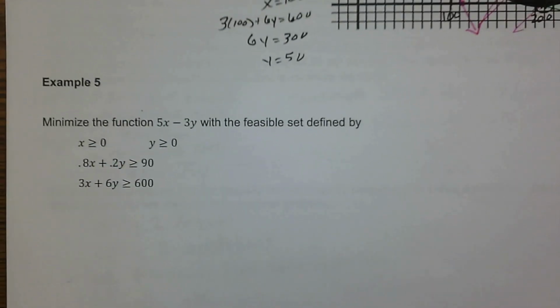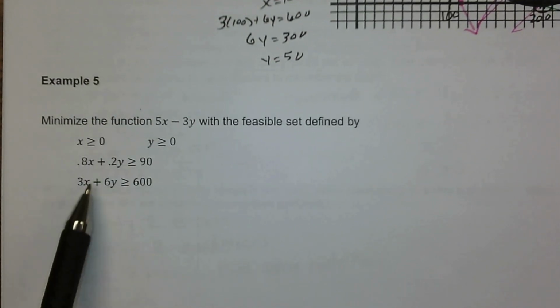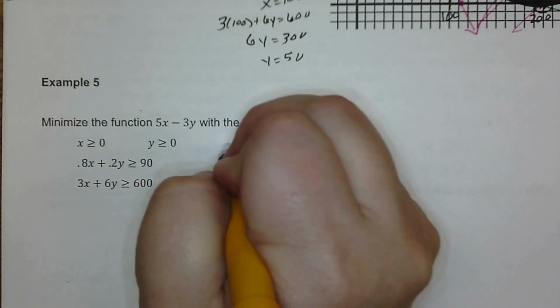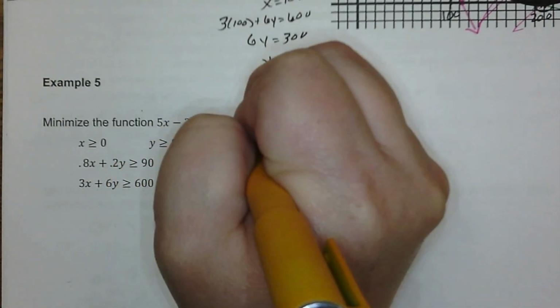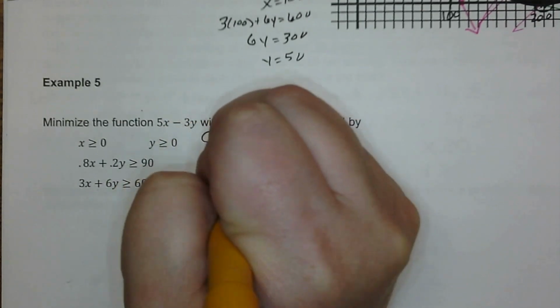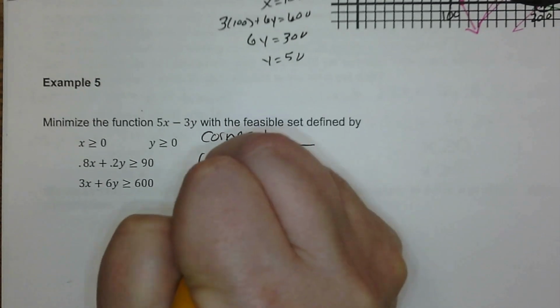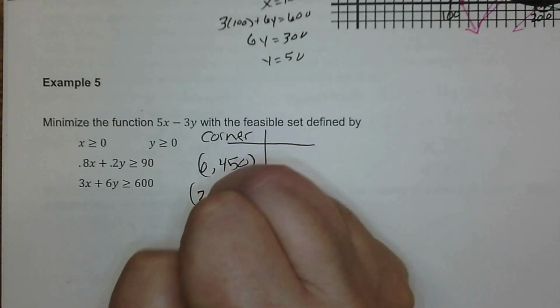Example 5, it's good news because we are still using the same functions, the same inequalities to get our same feasible set with the same corners. So we can just go ahead and jump to the corner part. The corners were 0, 450, 200, 0, and 100, 50.